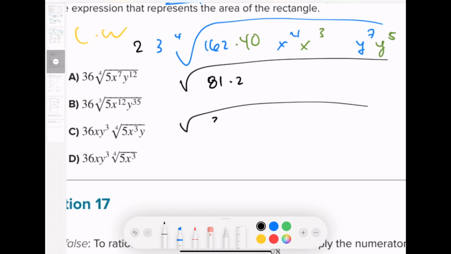So that would be 3 to the 4th power for 81. Now the 2 times this 40 gives me 80. So that would be 16 times 5. And 2 to the 4th power is what I want.